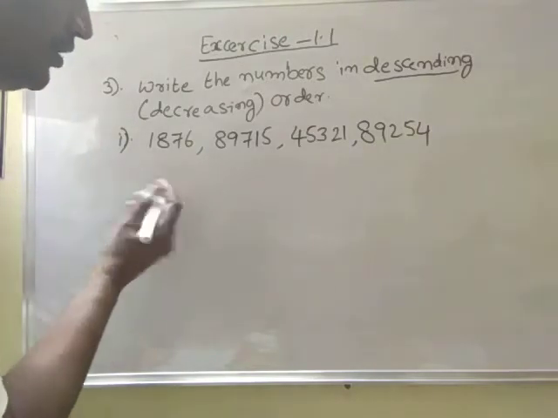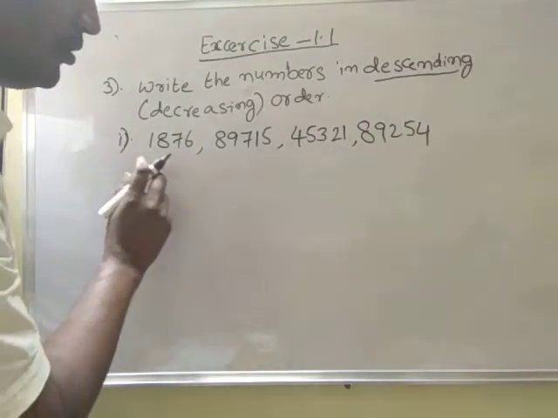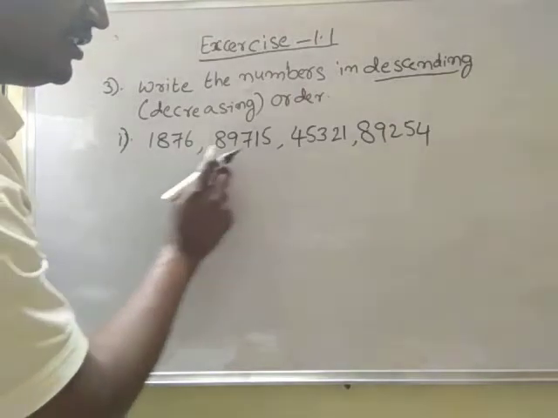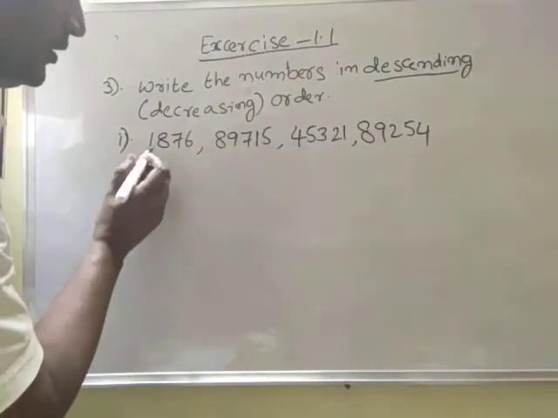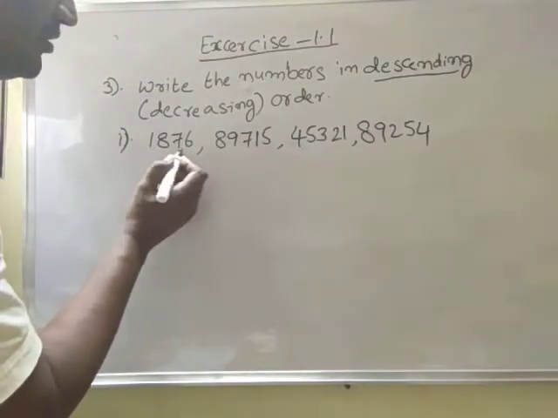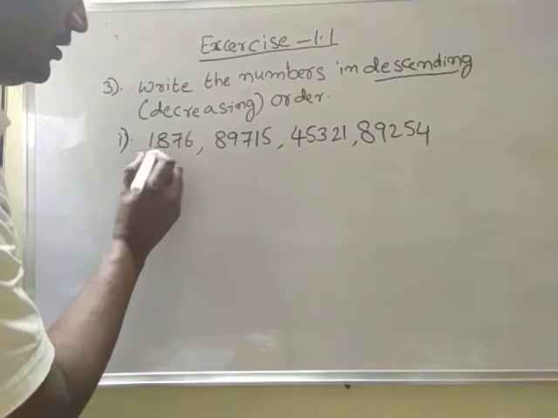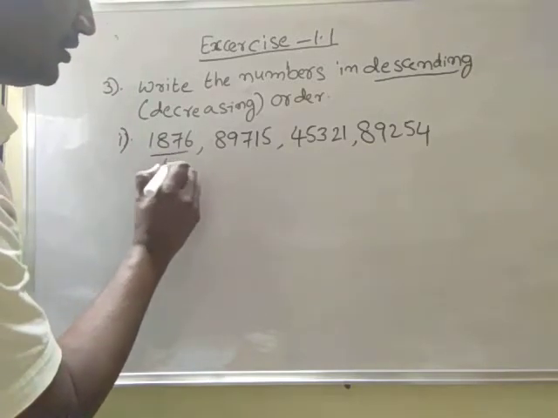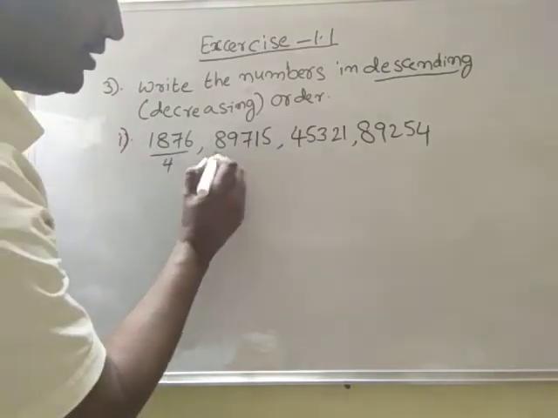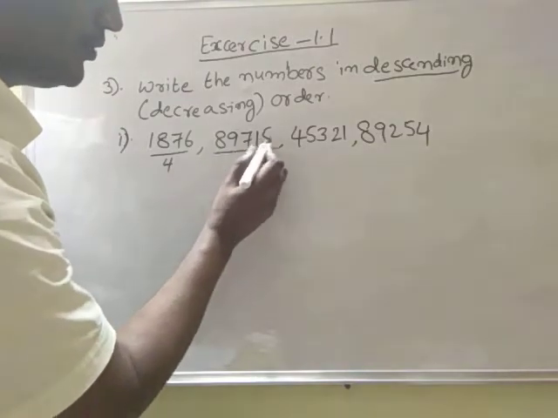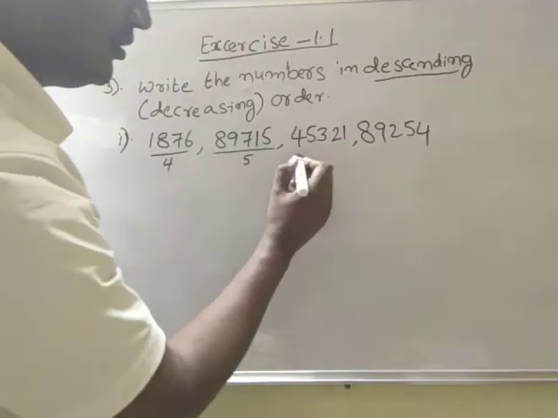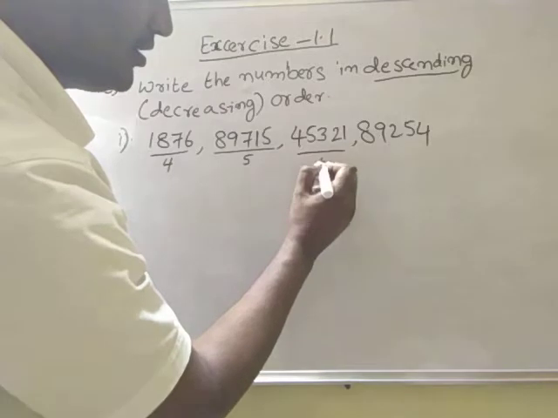Okay, first count the digits, how many digits are in each group. In 1876, how many? 1, 2, 3, 4 digits. In this one, 1, 2, 3, 4, 5 digits. In this, the same, 5 digits.